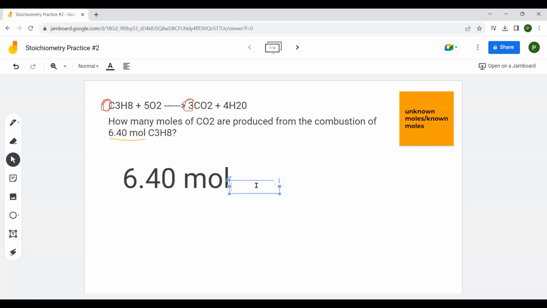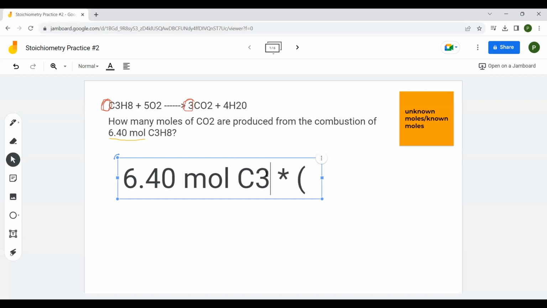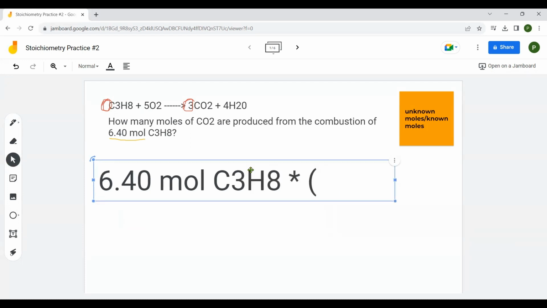We're going to go back down here and click on this again. We're going to set up the rest of our equation. So we know that we are going to end up with 6.40 mole of C3H8. Then we're going to set up our unknown moles over our known moles. What we don't know is how many moles of CO2 are going to be produced, so our CO2 is going to go on the top.